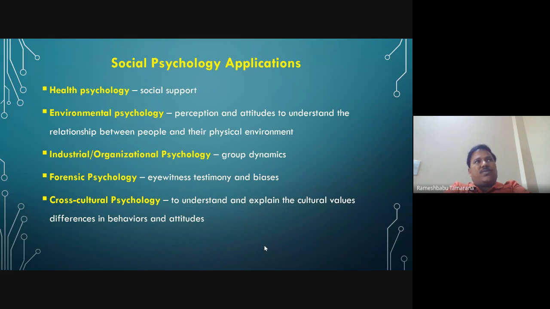Someone who is studying health behaviors, maladaptive and adaptive health behaviors, wanted to see how social support is very important for a particular individual's health. Social support is a concept that comes from social psychology.